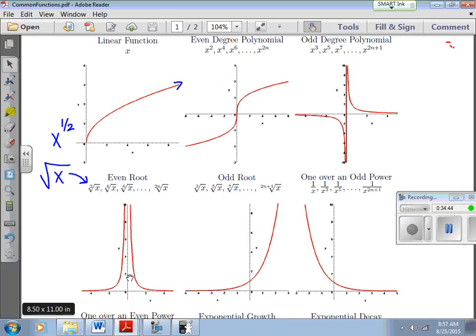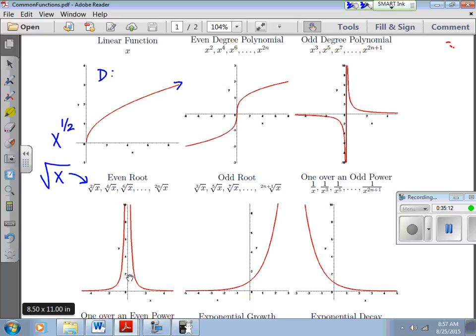All right, so now take a look at the root functions that are even. What do you think the domain is for these? Can I do all the x's to the negative side? You see that it clearly doesn't show that you can go further to the left of 0.